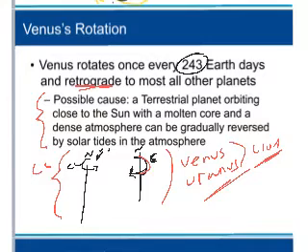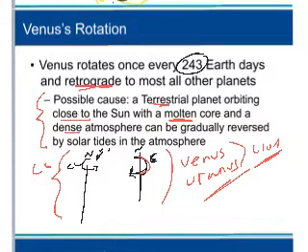But a possible cause is that the terrestrial planets are the ones closest to the sun. That's the first three, and then the moon too. It's also believed that they have a molten core, that real hot, dense core, as well as a dense atmosphere.